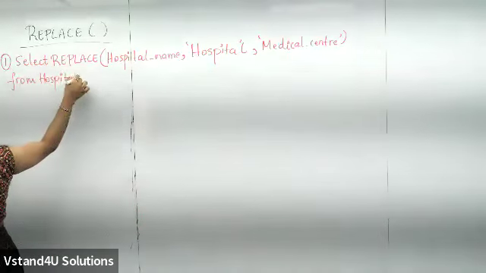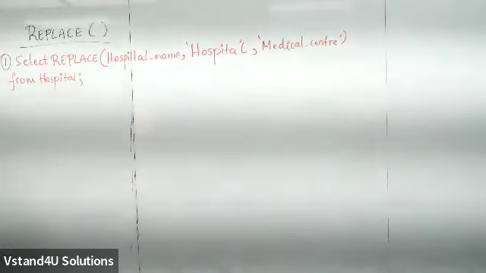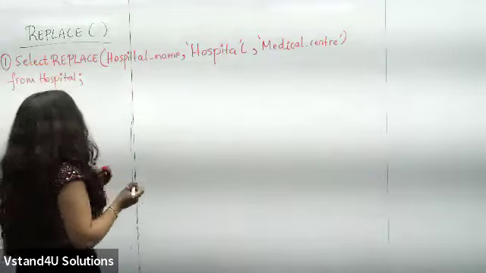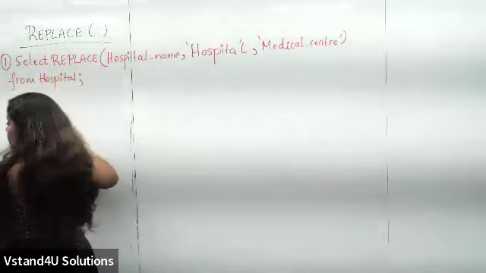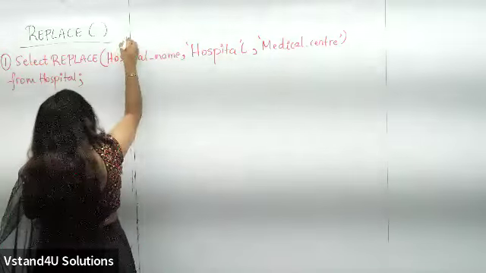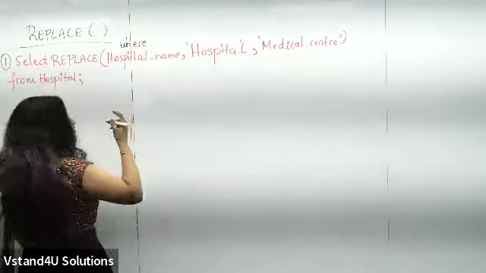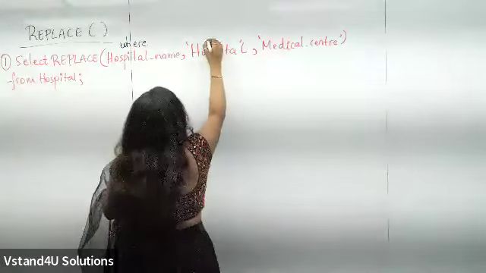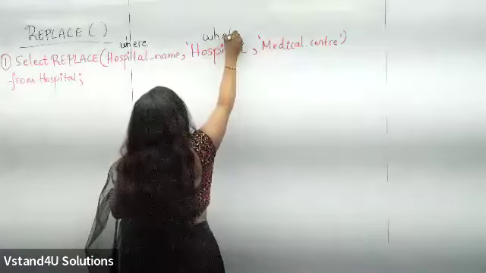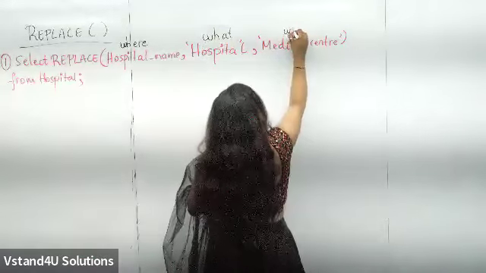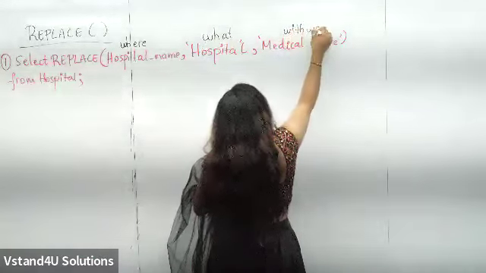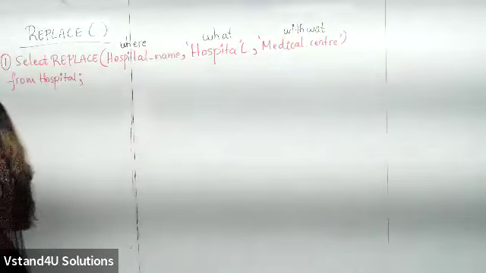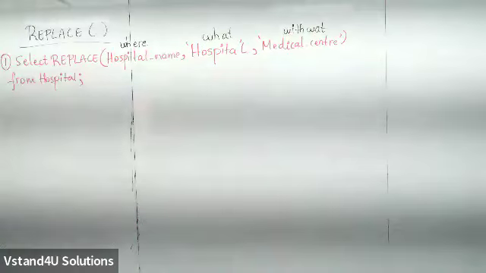Clear? So now what is the first value telling you about? From which column you have to take? Then what you have to replace and with what you have to replace. Yes. Clear? Done. Take down the next query.